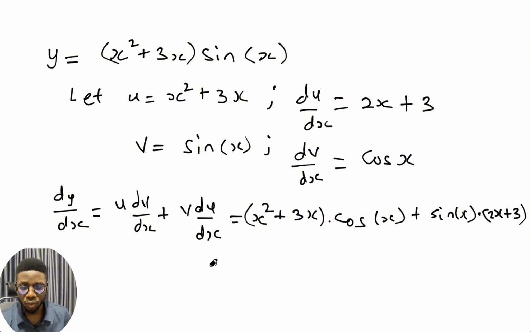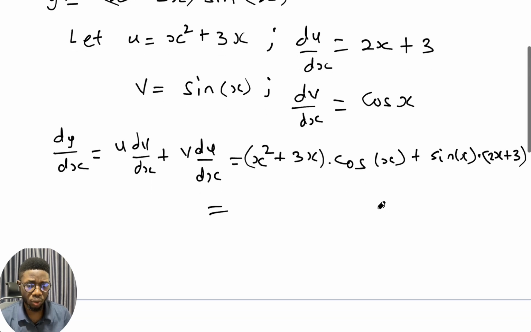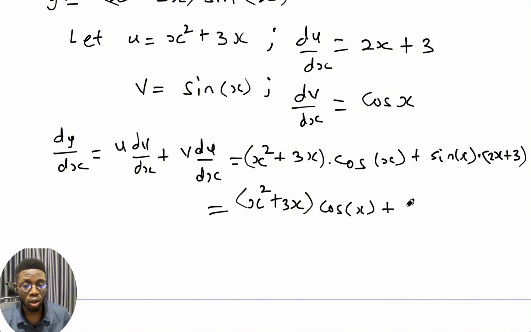And finally, the derivative is going to be equal to, now there isn't really much to factorize here, so we just leave it like this. So that is x squared plus 3x multiplied by cosine of x plus 2x plus 3 multiplied by sine of x.